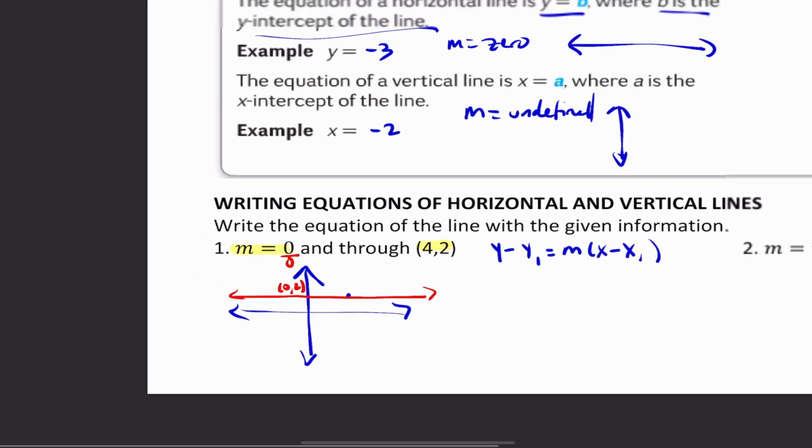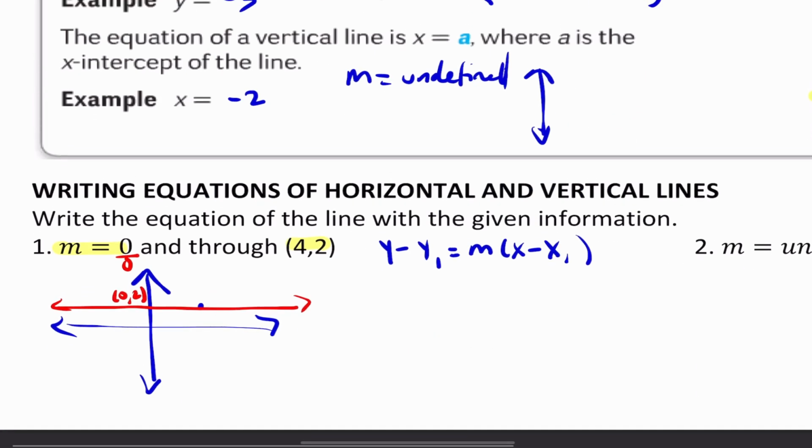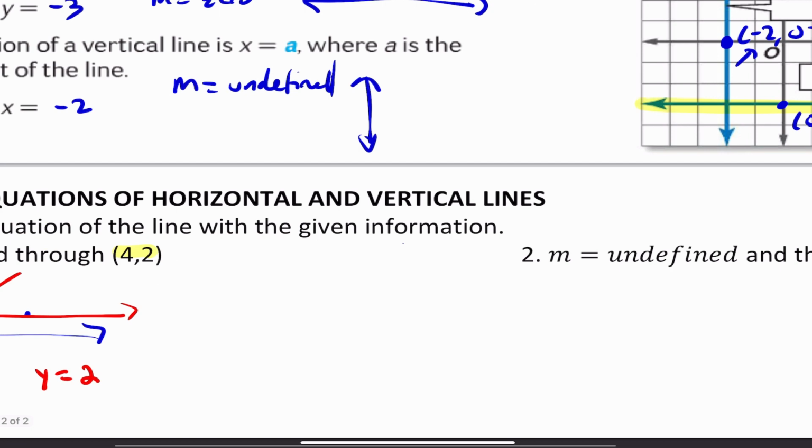Like I said, if you have a horizontal line, it should be in the form y equals something. So it's y equals 2. That's where I got my 2. Okay, so I really don't need to use point-slope at all, but you can, and you'll still get this answer because you have a point and a slope.